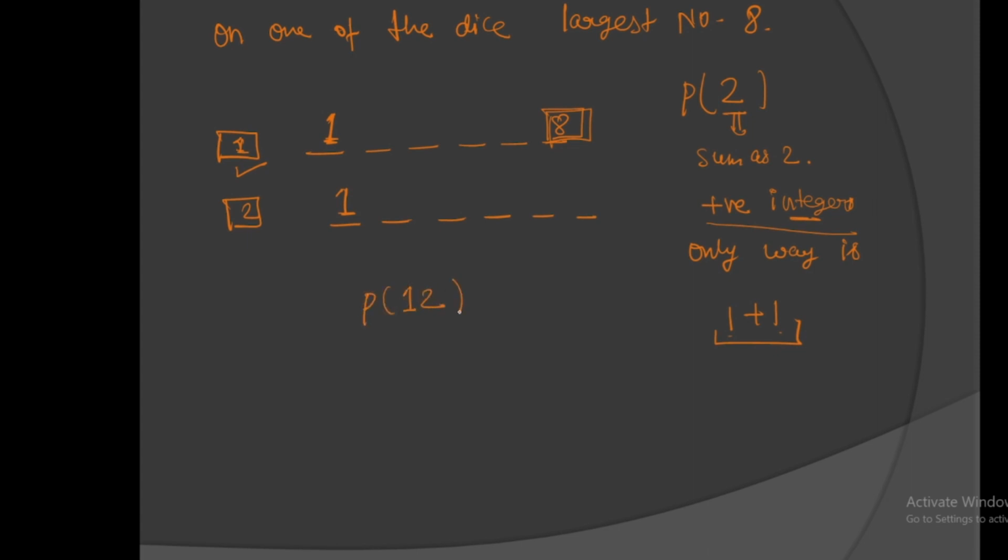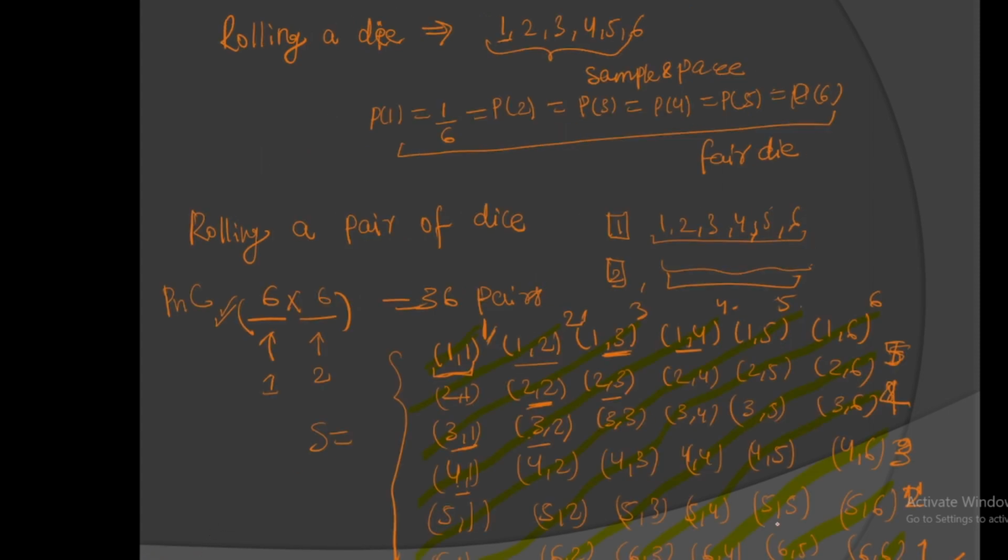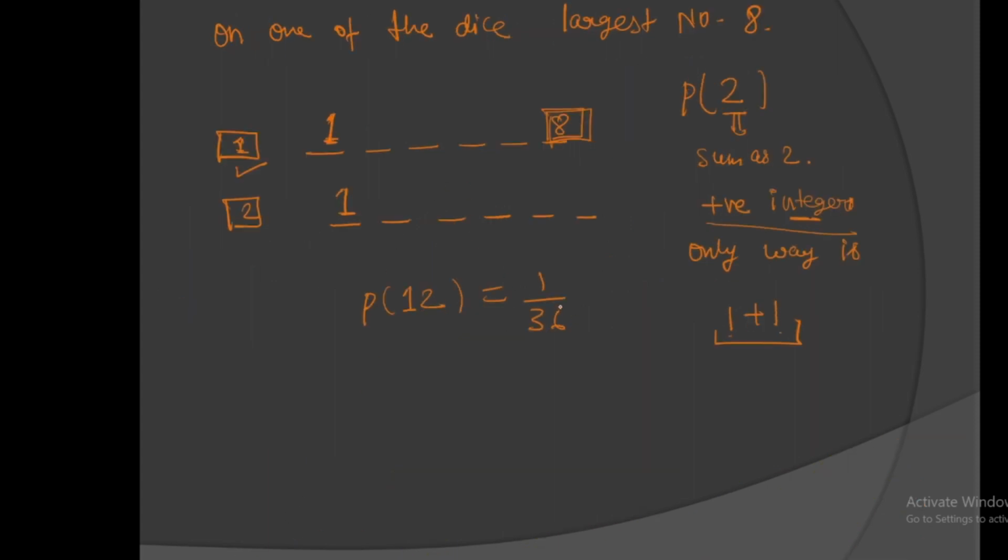Now probability of getting sum as 12. Probability of getting sum as 12 is how much? Again, it is 1 by 36, right? So here we have the maximum value to be 8. So on the second die, we must have the maximum value to be 4.